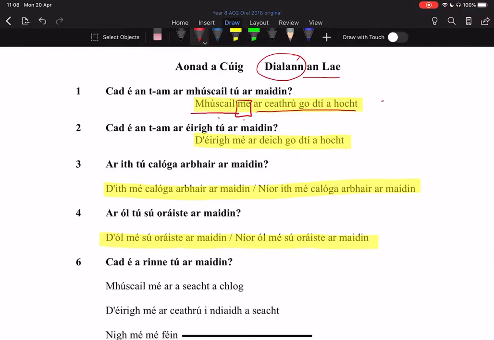7:45. If the answer to question 1 is wascail may ar ceathrú go dtí a hocht, what do you think the question means?